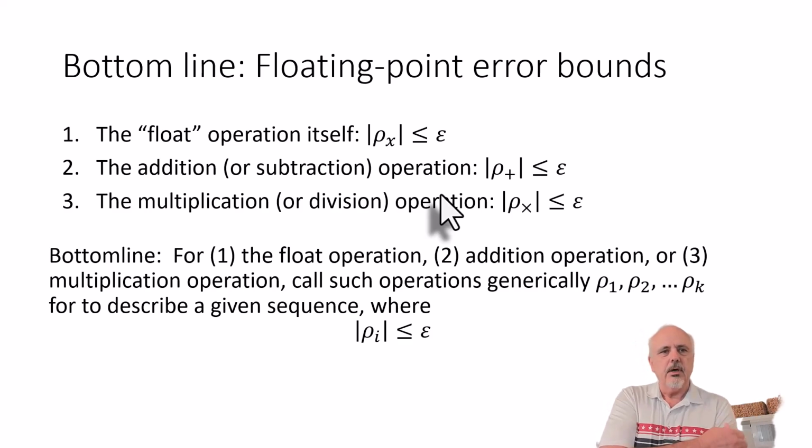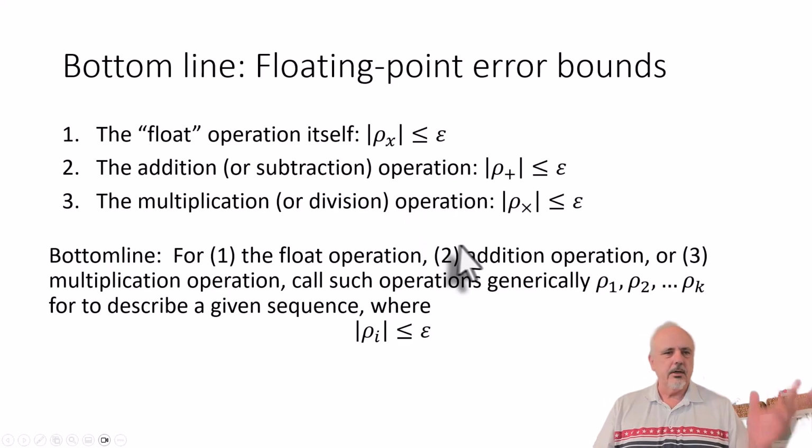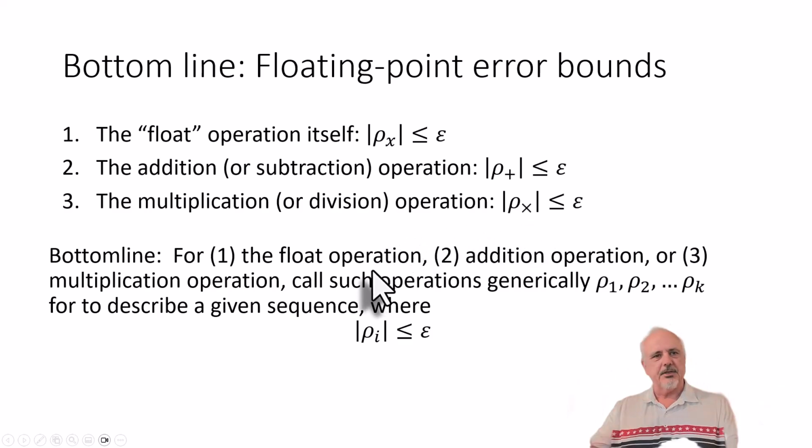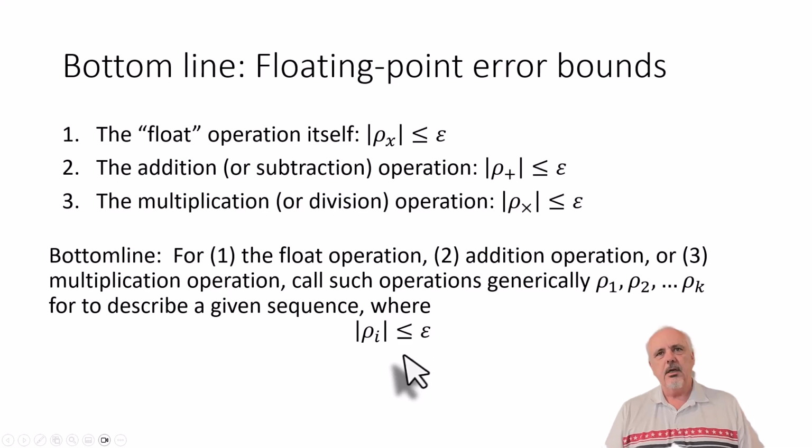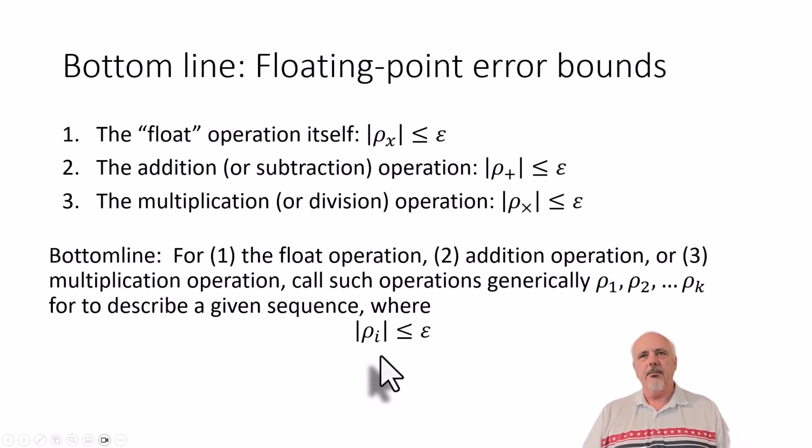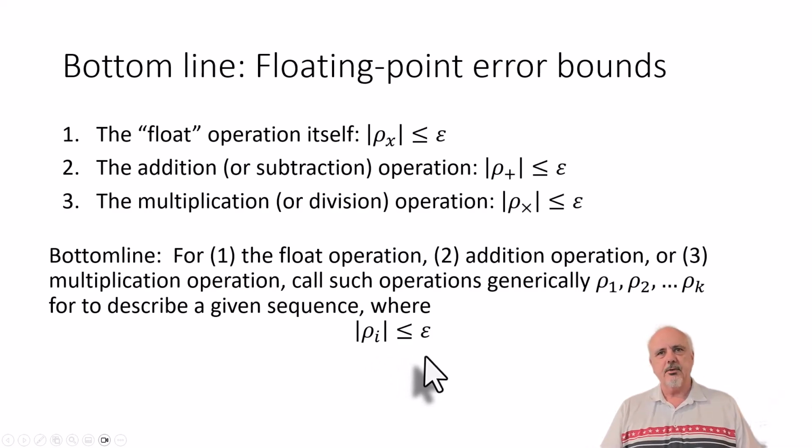What I do is think about a sequence of operations: row 1 is my first operation, row 2 my second, onwards up to k, where the absolute value of any given one of them will be less than or equal to machine epsilon.